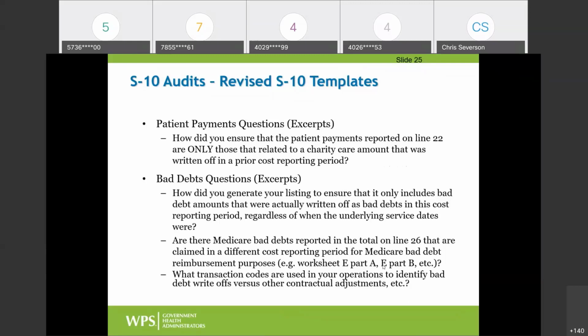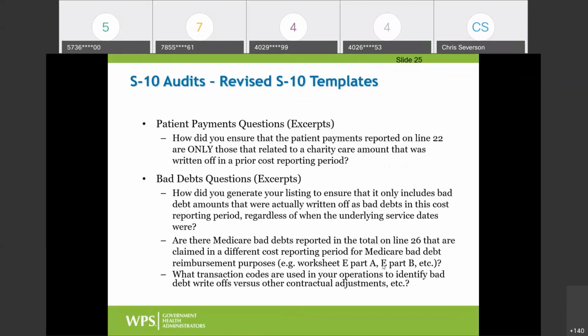We did just recently get clarification from CMS that they do agree line 26 should reflect when any bad debt, Medicare or otherwise, was written off for financial accounting purposes, even if that same bad debt might not yet be allowable for Medicare. For example, the biggest example is if you have a collection agency where you've sent that to an external collection agency, you've already written it off internally.